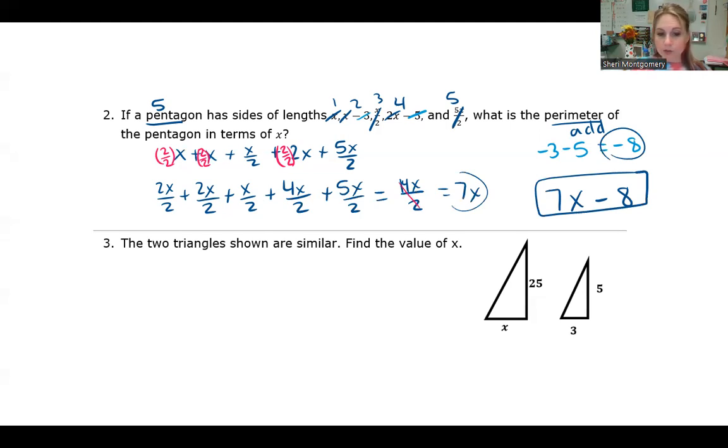The next one, 2 triangles are similar, find the value of x. So remember, we've got to mark our sides. So I have 5 over 3 is equal to 25 over x. This is bat and ball, where I multiply here and divide by here.